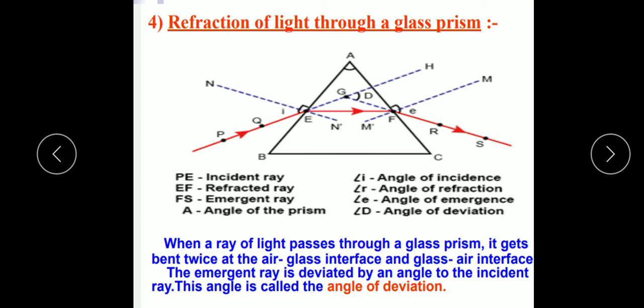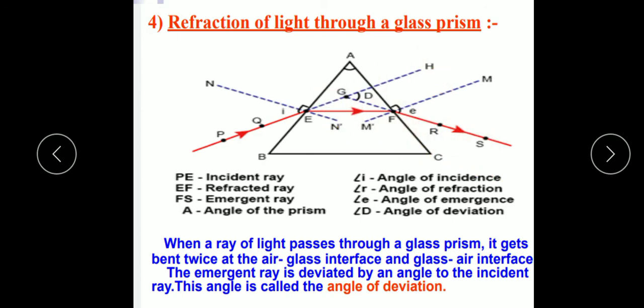Now how to define the angle of deviation? It is the angle which the emergent ray makes with the incident ray. This is the incident ray extended forward, and this is the emergent ray extended backward.